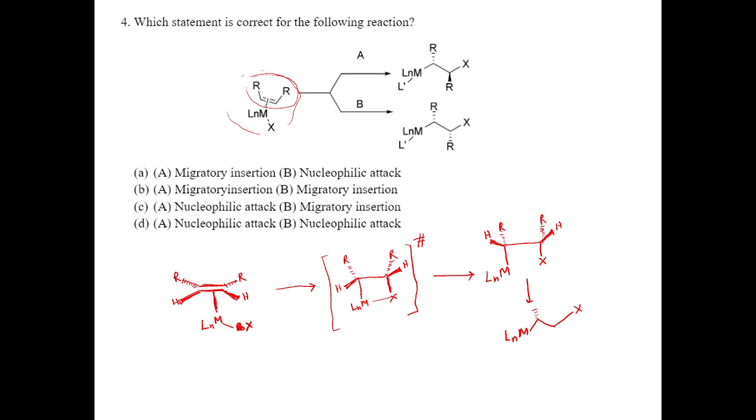So this thing will remain the same, but this R group will come around, above the plane, when you rotate this bond in this way, okay. So you will get this as a product.